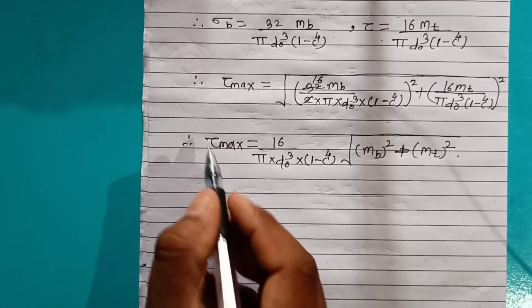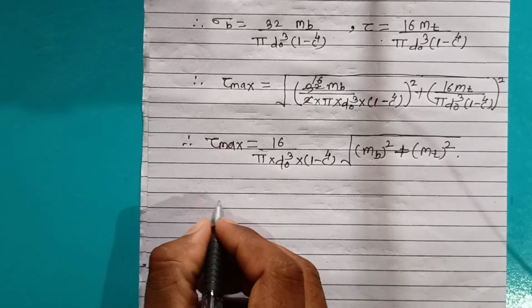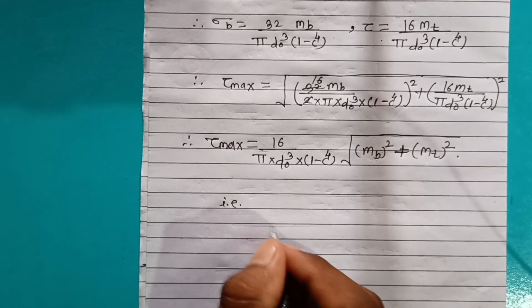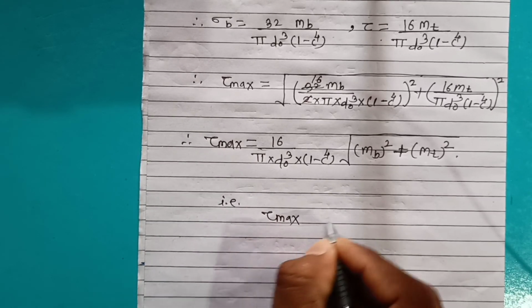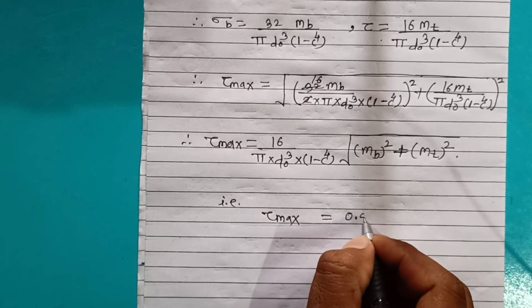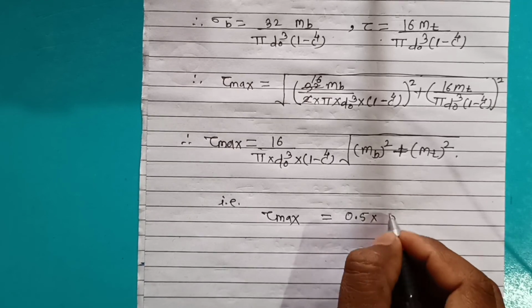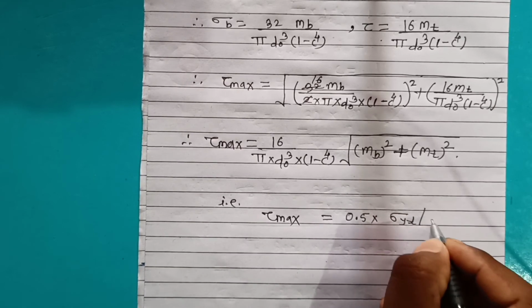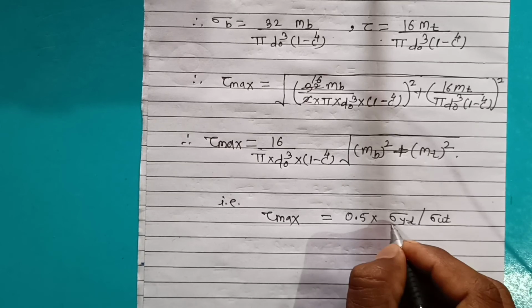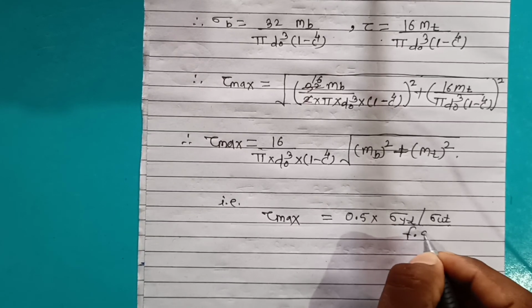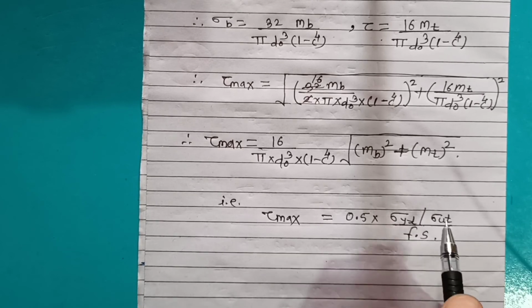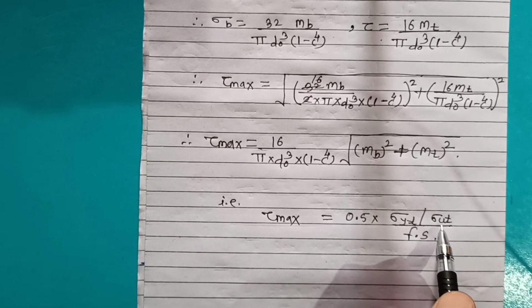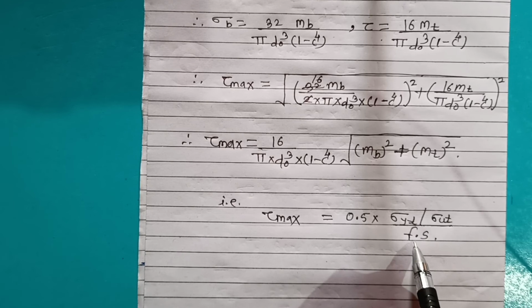If the value of tau max is not given in the problem, then we calculate tau max with the help of this equation: tau max is equal to 0.5 into sigma yt or sigma ut divided by fs, where sigma yt is nothing but yield strength, sigma ut is nothing but ultimate strength, and fs is nothing but factor of safety.